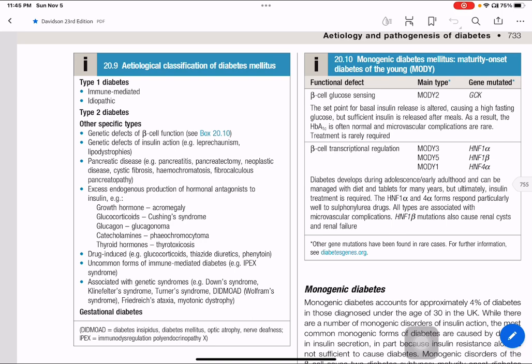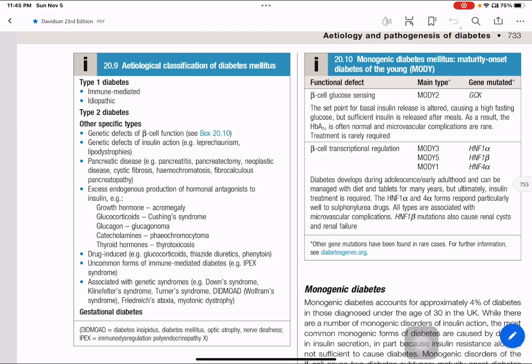Glucagonoma is a glucagon producing tumor in the pancreas. Increased glucagon production can lead to diabetes mellitus. Pheochromocytoma, we know, is a catecholamine producing tumor causing diabetes. So this is secondary diabetes. Thyrotoxicosis, excess thyroid hormone, can lead to secondary diabetes.